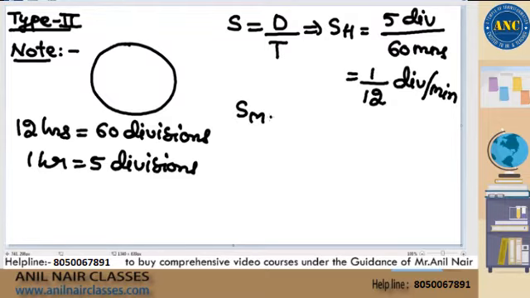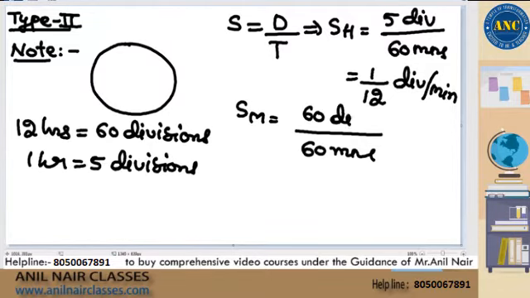Speed of the minute hand. If I take the same time, 60 minutes: in every 1 hour, the hour hand goes 5 divisions. If you see your watch, every 1 minute the minute hand goes 1 division.